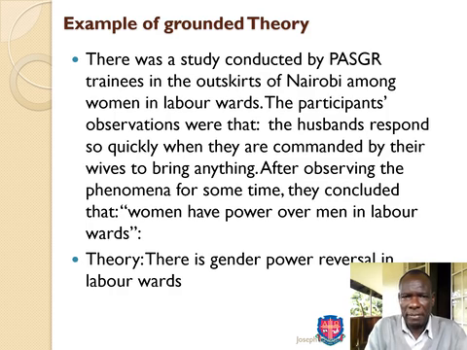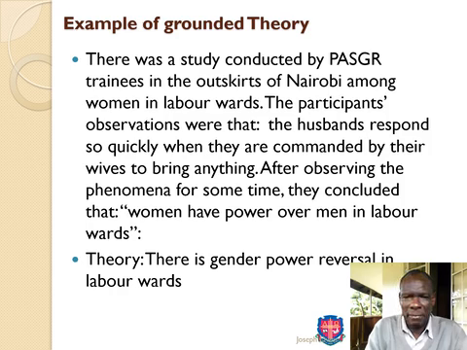The participants' observation was that the husbands responded so quickly when they were commanded by their wives to bring anything. After observing the phenomenon for some time, they concluded that women have power over men in labor wards. And the theory we can develop from here is that there is gender power reversal in labor wards.